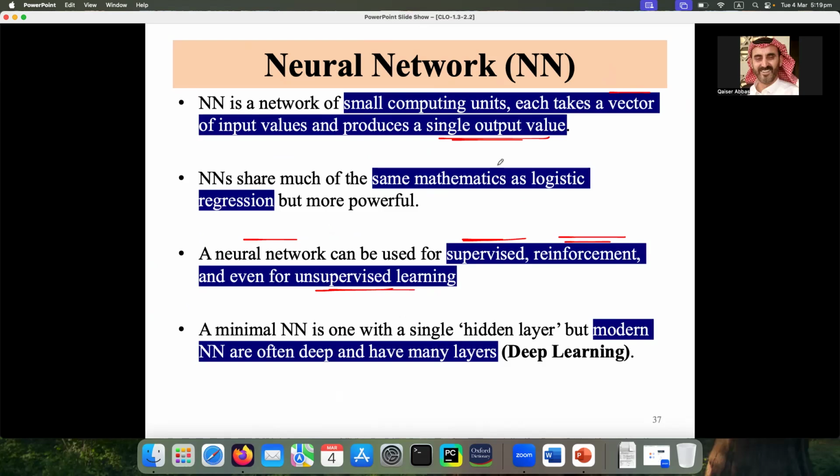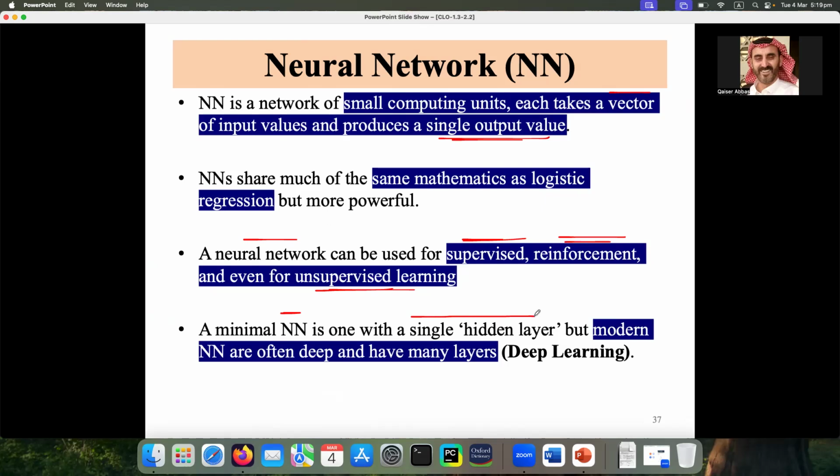The minimum form of a neural network contains one hidden layer, not more than that. It has input, meaning numbers are coming into it, and those numbers are multiplied with the weights and go to the hidden layer.